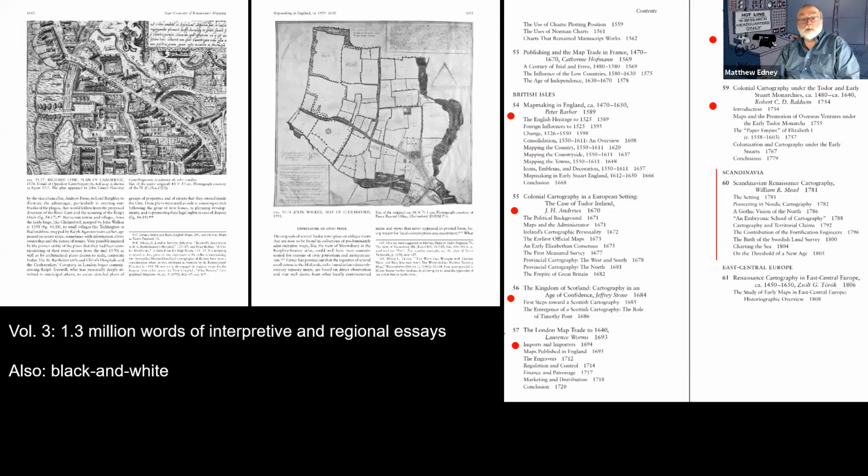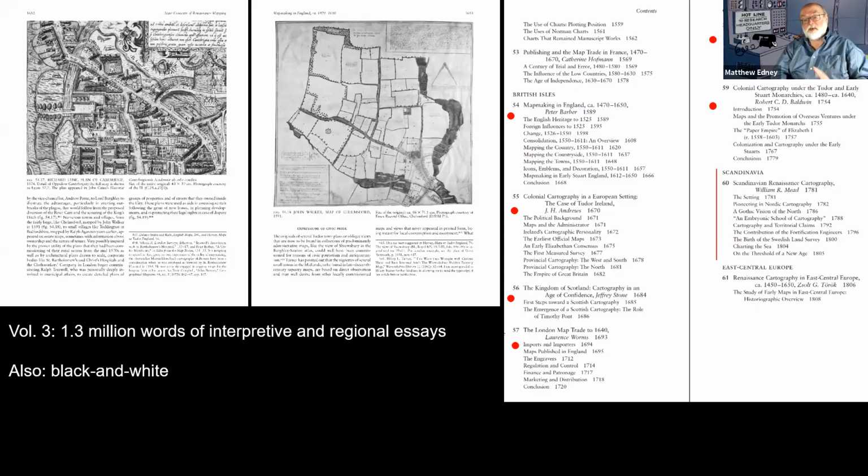And the chapters were written by acknowledged experts who wrote about what they knew. And so the early volumes very much emphasize the kinds of maps, the kinds of histories that have already been told.